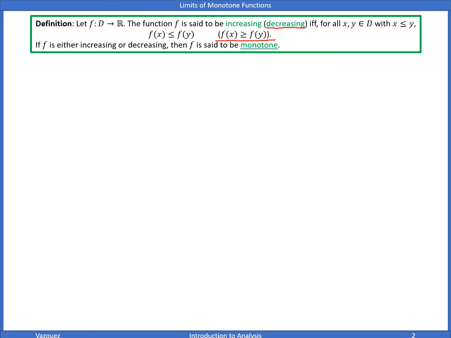Right, so because it's a weak inequality, a function, for example, if it looks something like this, a constant function, that's both increasing and decreasing, right? Because f of x at this x and at this other y, this point is less than or equal to this other point.